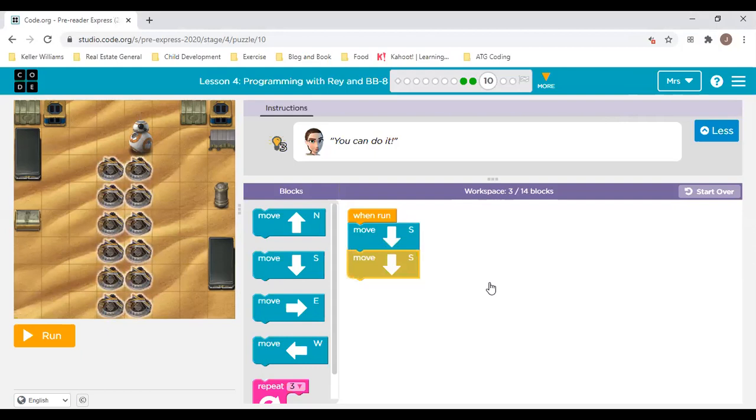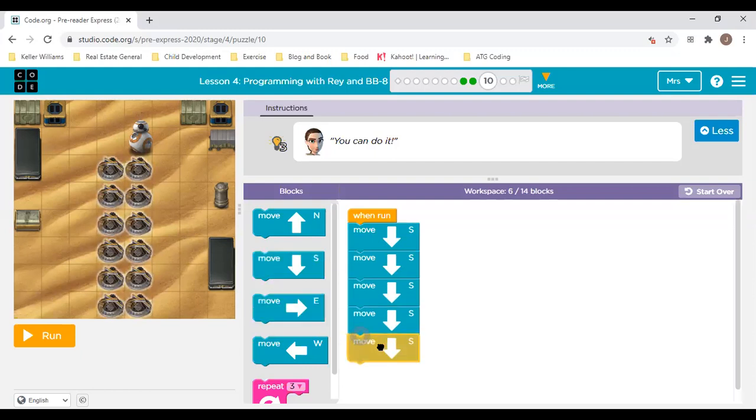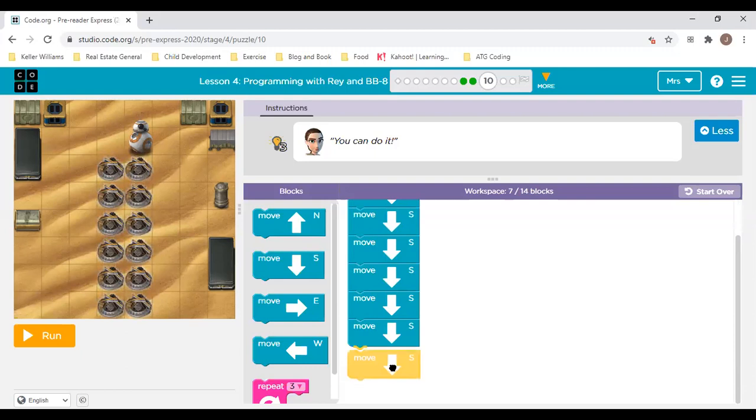South two times again. Do you want me to put more south blocks? Yes. Okay. One, two, and then? And then south two times. Okay. South one time. West two times.